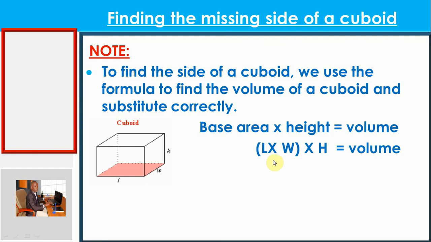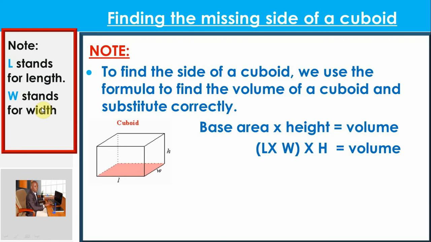Here I've just written L times W times H equals volume, where L stands for length, W stands for width, and H stands for height. This is what we are going to be using if there is a missing side.